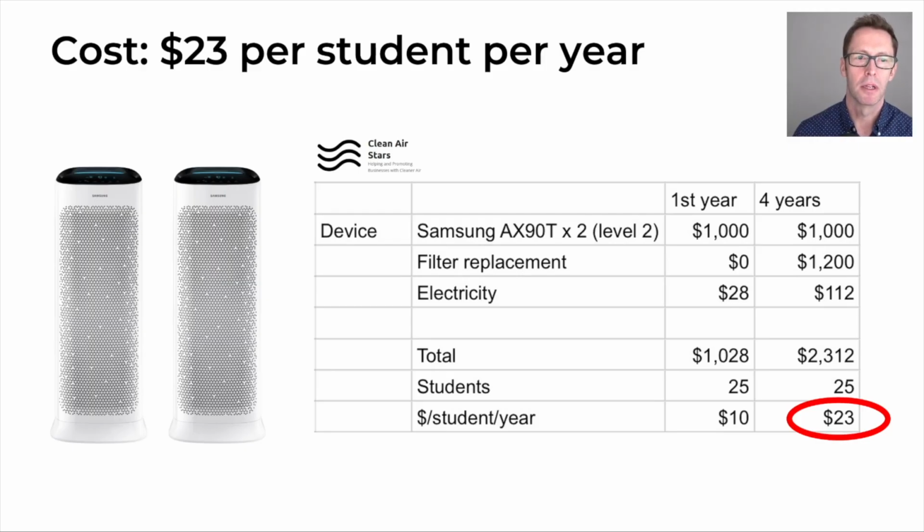They would be run on level 2 fan speed, which is at a noise level that's generally considered to be pretty acceptable in classrooms. And what they found was that when you factor in the cost of the unit, replacement filters over a 4-year time frame, electricity to run the units, for a typical classroom of 25 students, the cost to have these units in the classroom is around $23 per student per year.